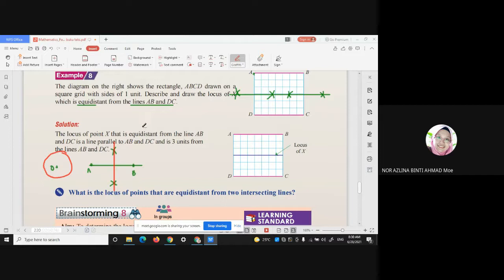If the locus is 3 units from line AB, this is A and this is B. The locus is 3 units from line AB, so it must have up and down, still using compasses.